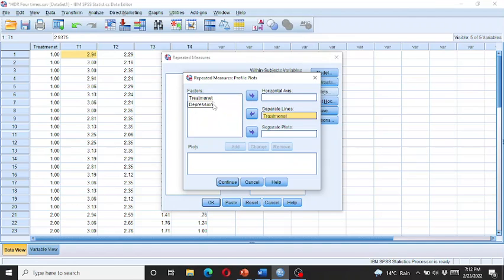I can generate a plot by entering data on the treatment, that is the CBT and EMDR, and the level of depression.